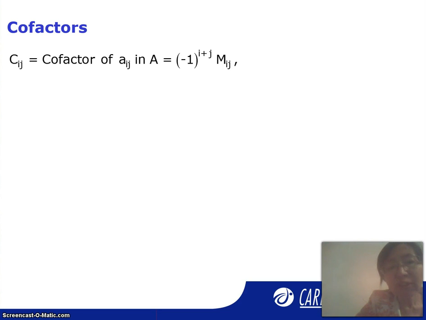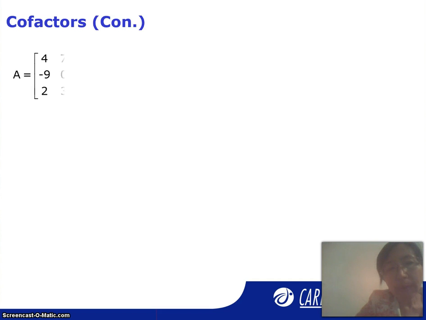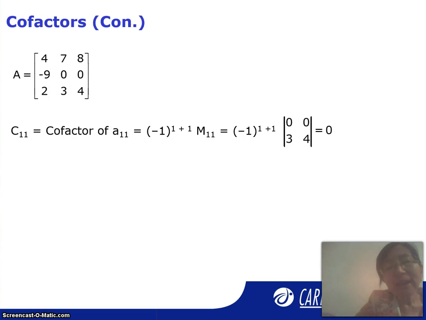Cofactors. Cofactor Cij of element Aij in matrix A. So Cij will be equal to parenthesis minus 1 in the degree i plus j multiplies minor Mij, where Mij is the minor of element Aij in matrix A. So let's consider the next matrix A of the third order.